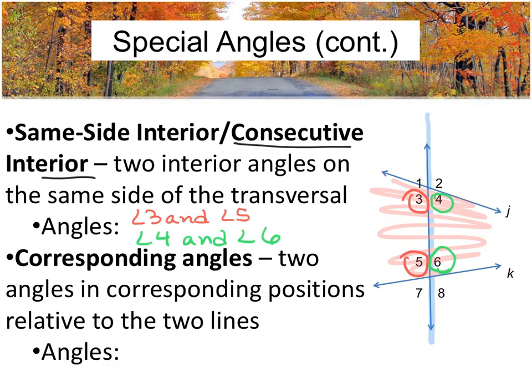Now for the corresponding angles, I'm going to erase that green and red there because I'm going to go ahead and highlight the matches. Okay, so let me go ahead and erase what's on my figure.